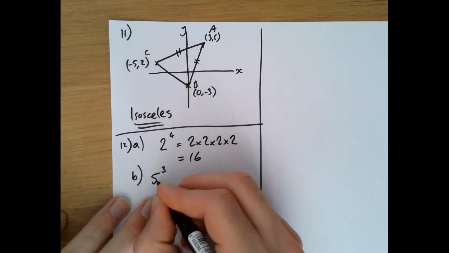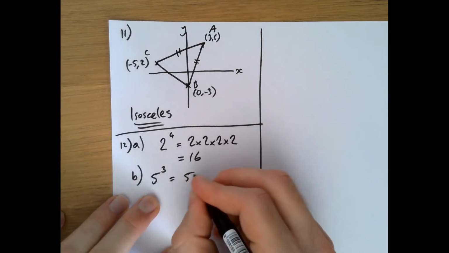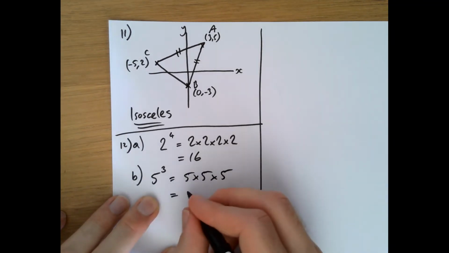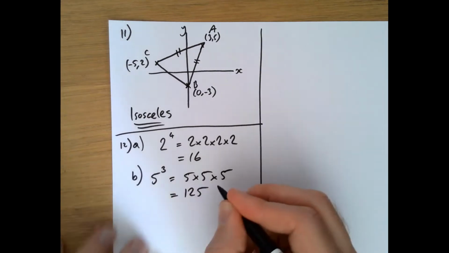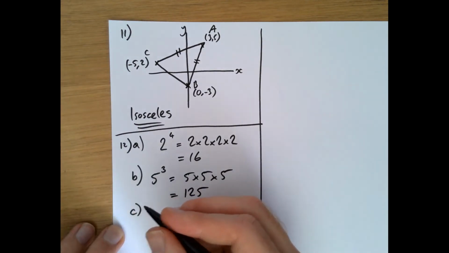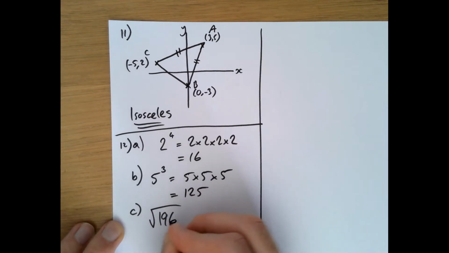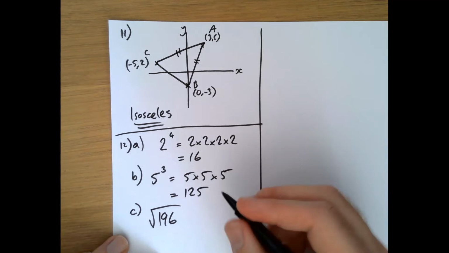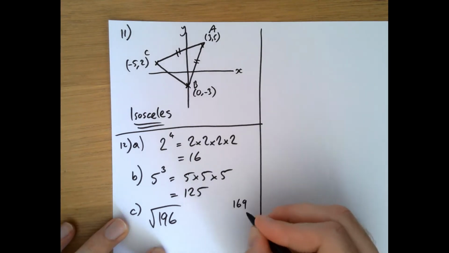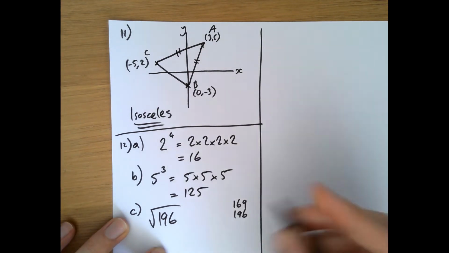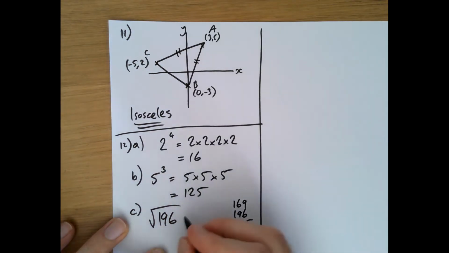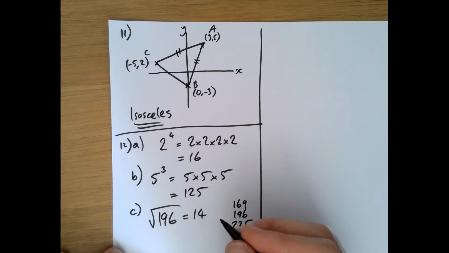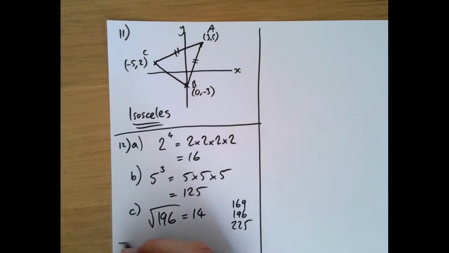To the power of 3 we just say 5 cubed, so 5 times 5 times 5. 5 times 5 is 25, multiplied again by 5 you get 125. Part C, the square root of 196, you've just got to learn these. Most people can get to 12 times 12. 13 squared is 169, 14 squared is 196, 15 squared is 225. So this is going to be 14.